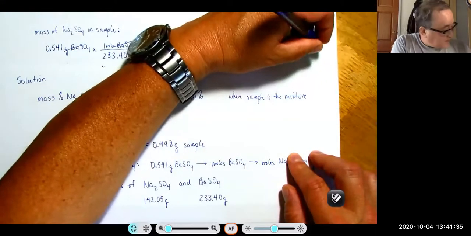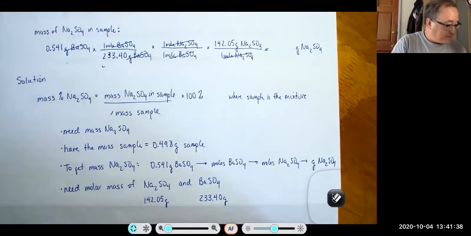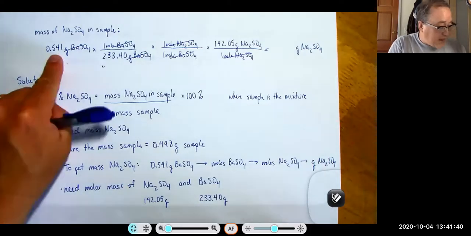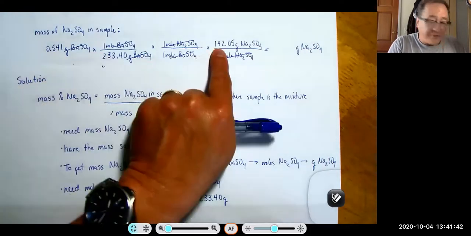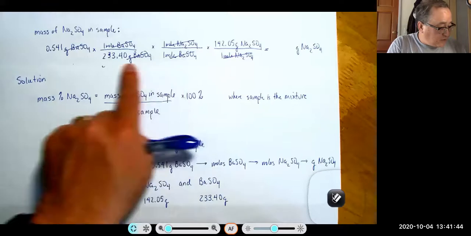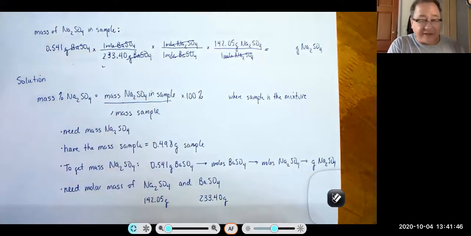And you know me, I like to estimate, so I'm going to go ahead and estimate here. This is half. Half of 142 is 70. 70 over 233 is roughly 70 over 210, which makes it 1/3. Okay, so the answer should be around 0.3.